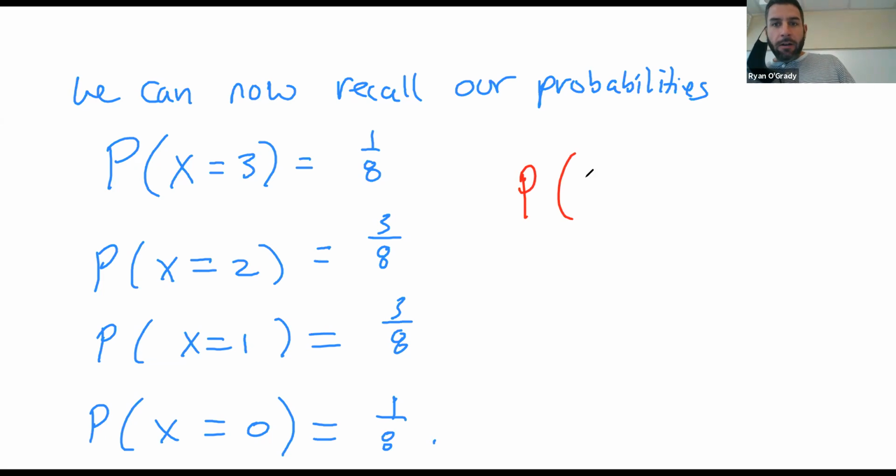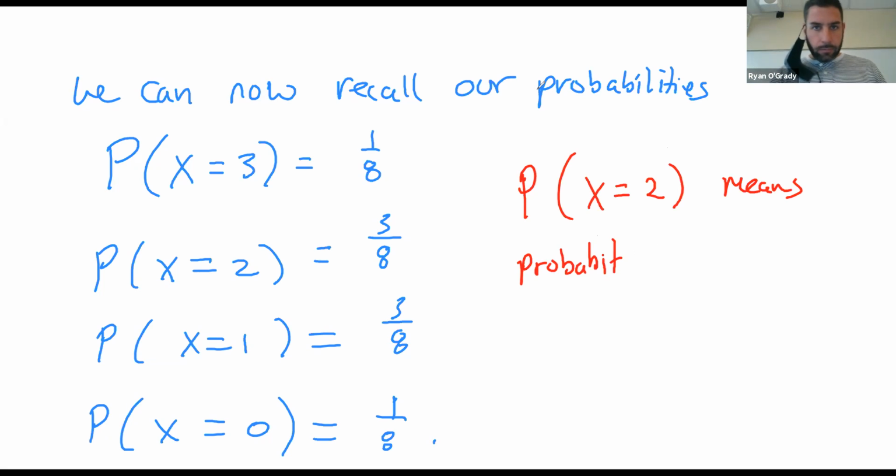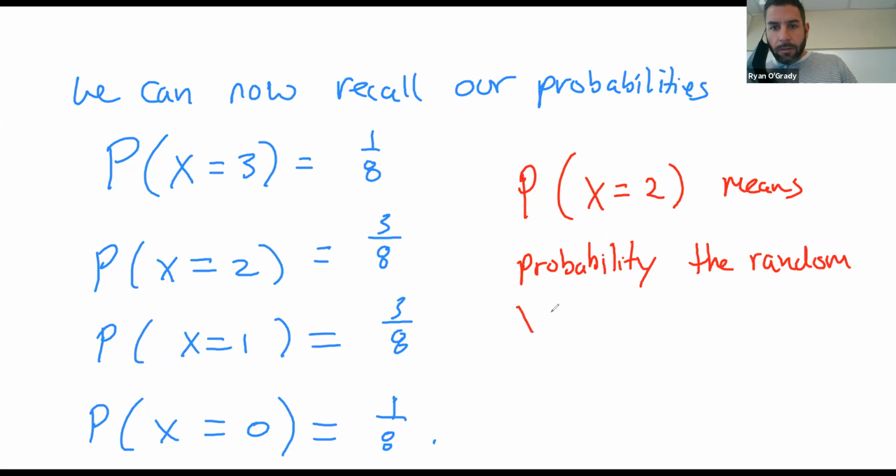All right, so what does this mean? So P of X equals, say, 2 means the probability the random variable X equals 2.